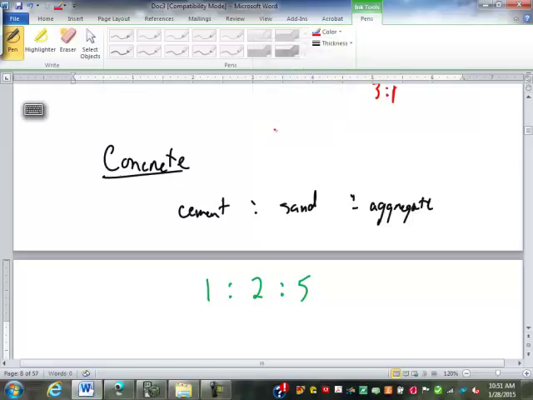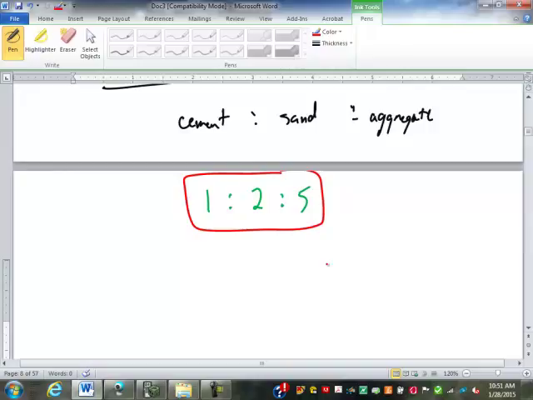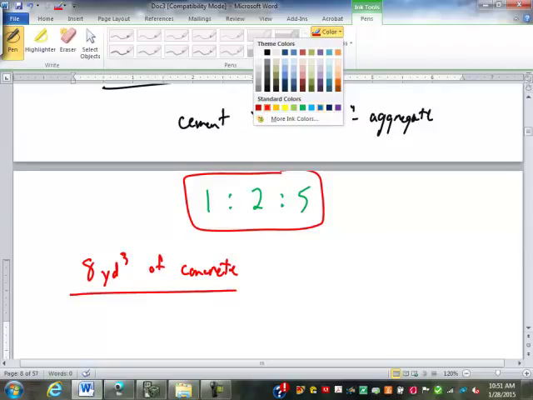Now the problem with dealing with a 3-part ratio like this is that doing stuff with it is very difficult because I can't just relate 2 items. Let's say that I need to make 8 cubic yards of concrete. I need to know how much of each ingredient to use.